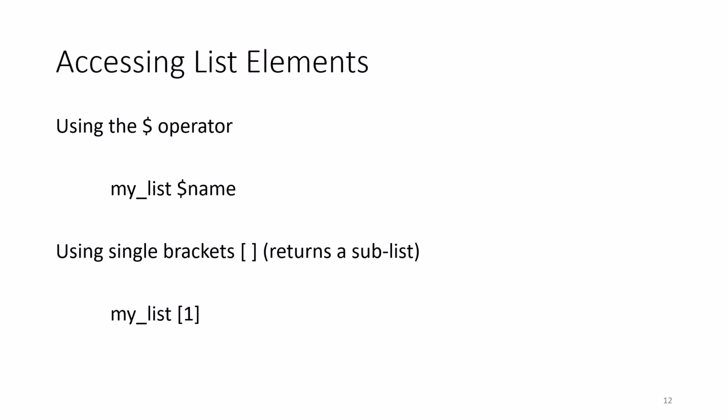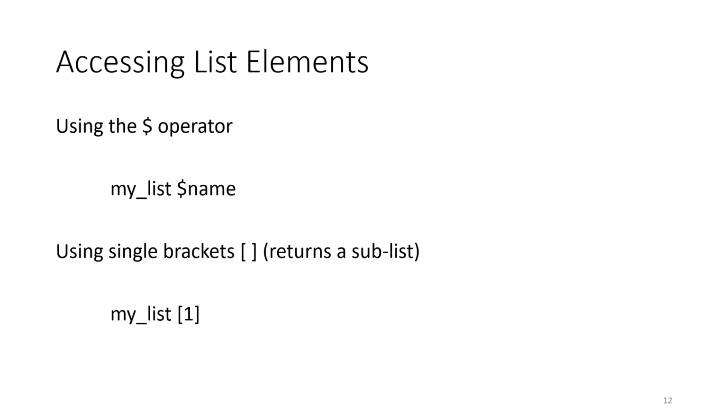We can also access list elements in R using the dollar sign operator. When we write my_list$name, it directly gives us the value stored in the element named name. This method is easy to use when the element has a name.